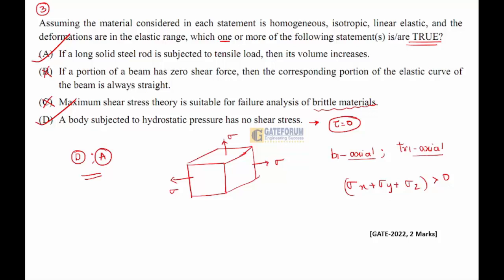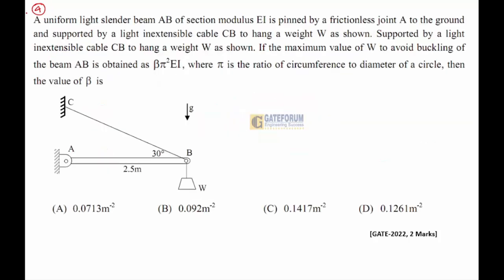Moving to the next question. A uniform light slender beam AB of flexural rigidity EI is pinned by a frictionless joint A to the ground and supported by a light inextensible cable CB, hanging a weight W as shown.